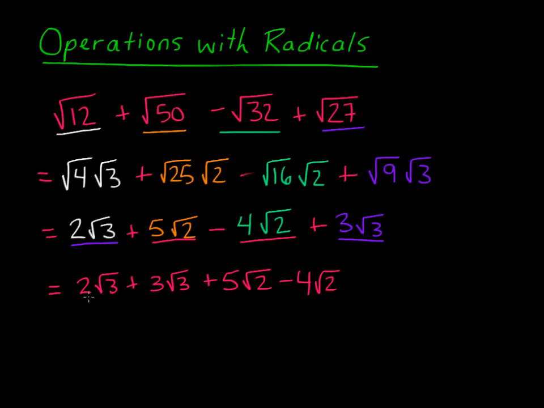Okay. And then because these two numbers have the same number under the radical sign, we can add them. So 2 plus 3, got 5 root 3's now. And then here we've got 5 root 2's, and we're taking away 4 of them. And so we're left with 1 root 2.